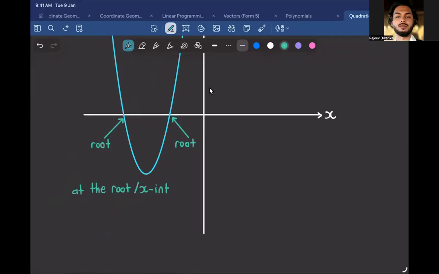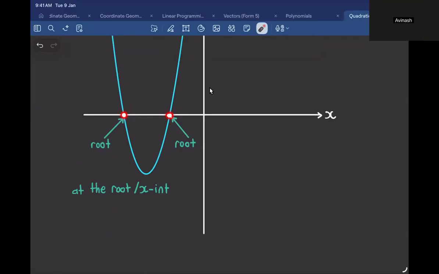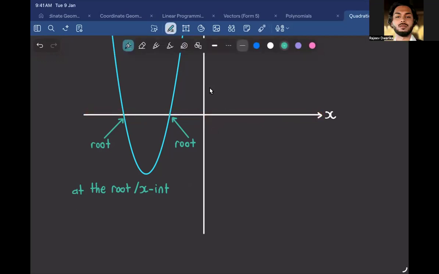It's passing through the x-axis, but at this point, what would the y value be equal to? Oh, 0. Right, because if you notice, the y value is zero. See what I'm talking about? Yes, sir. Okay. So at the root or x-intercept, y would be equal to zero.